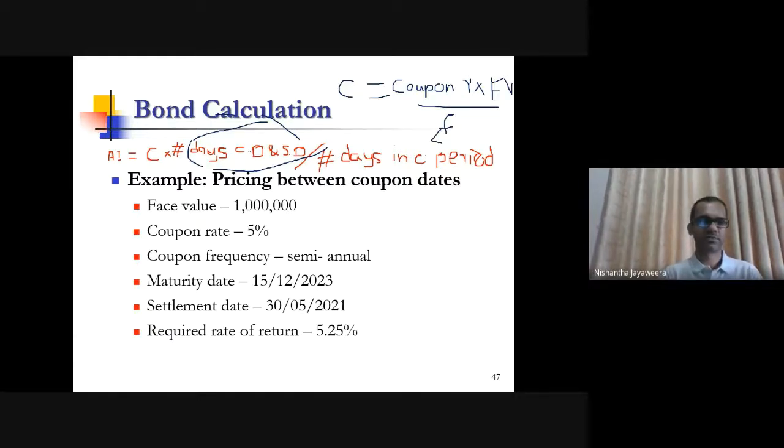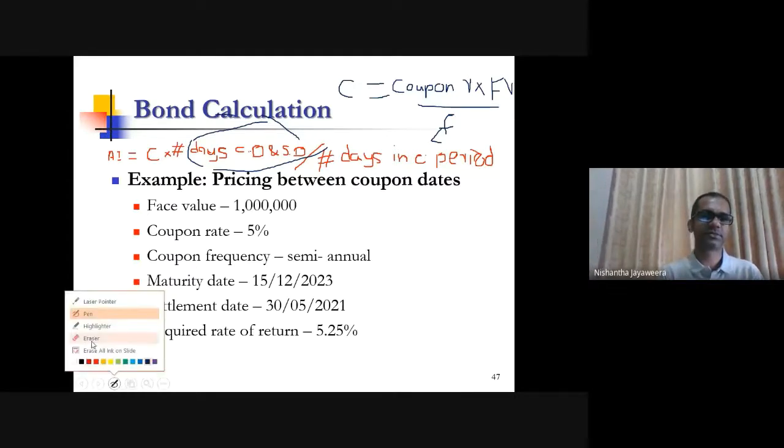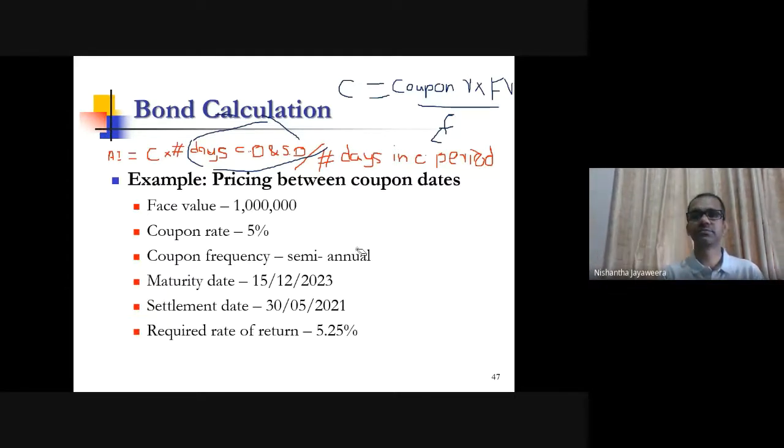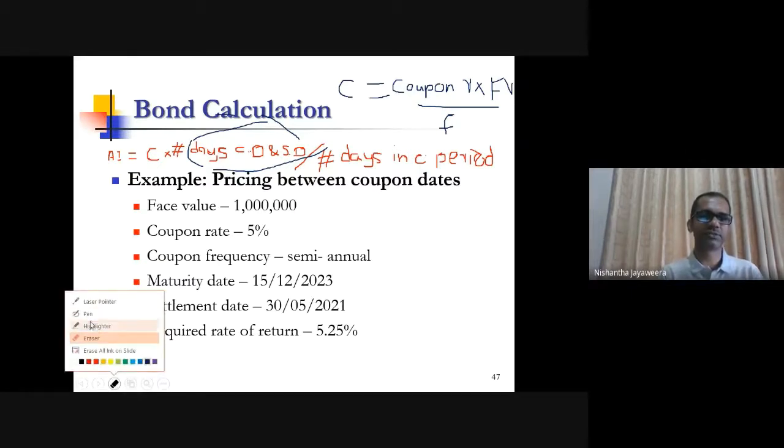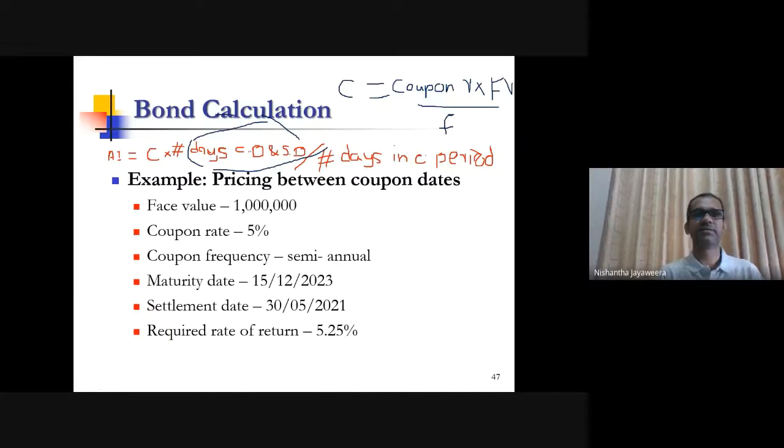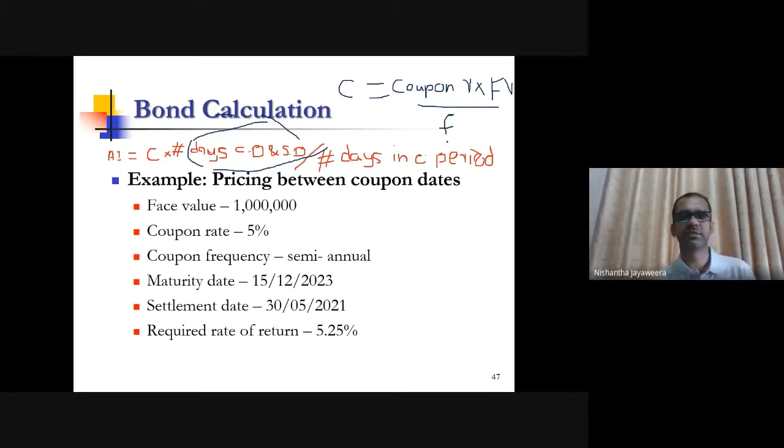So you can substitute that in this part instead of this. This is the equation I have given to you. I explained, this is the coupon rate into face value divided by coupon frequency.